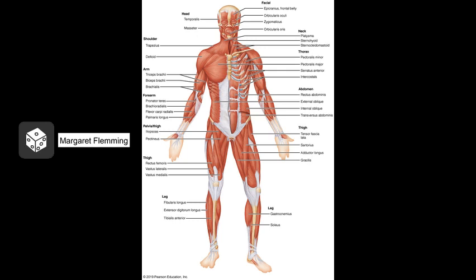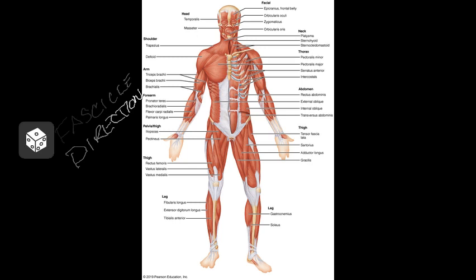Another way to name muscles is according to the direction in which their fascicles run. So fascicle direction. What is an example of that? Can you find one on this? How about external oblique, internal oblique?